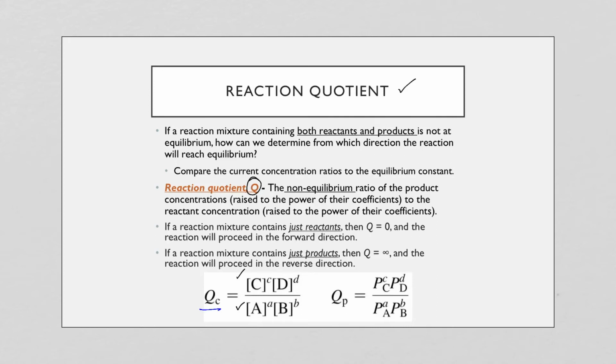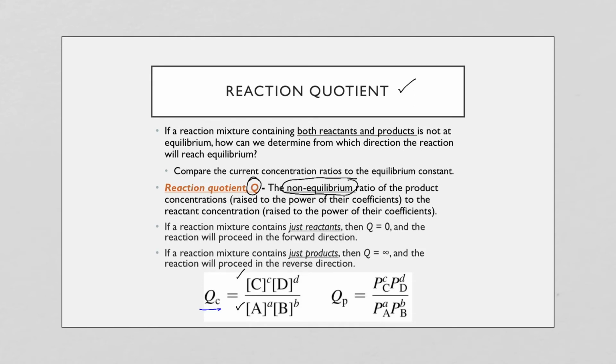The key is we are not at equilibrium, right? This is a non-equilibrium condition ratio. Now, by doing this and we get a value for Q, we can then compare that value of Q to what the equilibrium constant is, and we can then determine whether Q has to get smaller to match up with the equilibrium constant, or if Q has to get bigger to match up with the equilibrium constant.